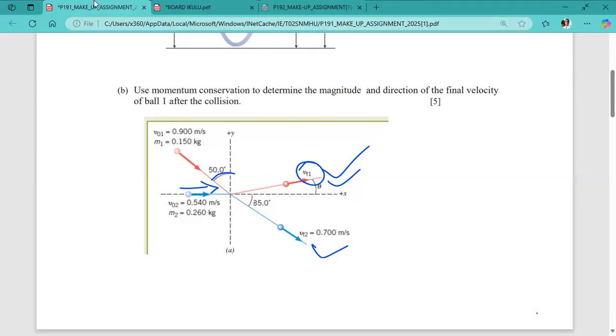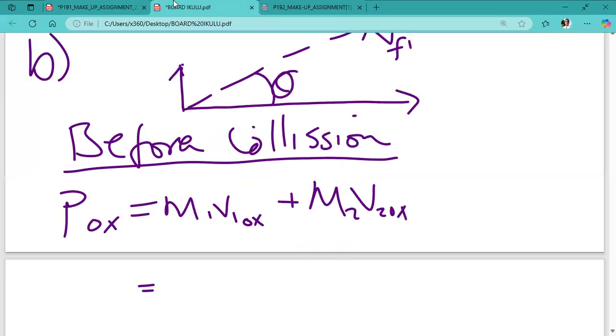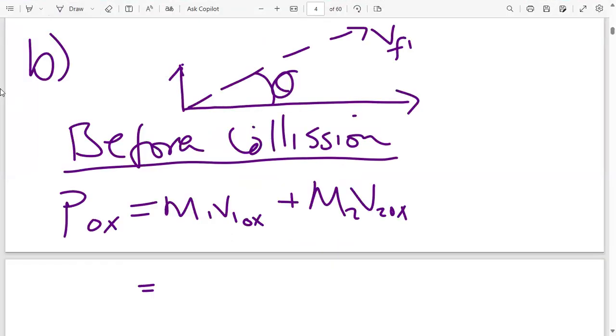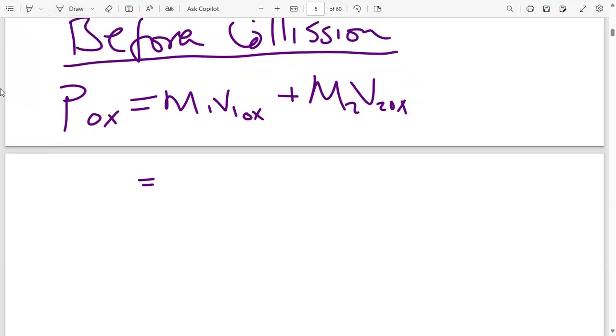So that's what I'm going to put there as my initial velocity. So I'm going to say my initial momentum in the x will be equal to mass number one multiplied by velocity number one sine 50.